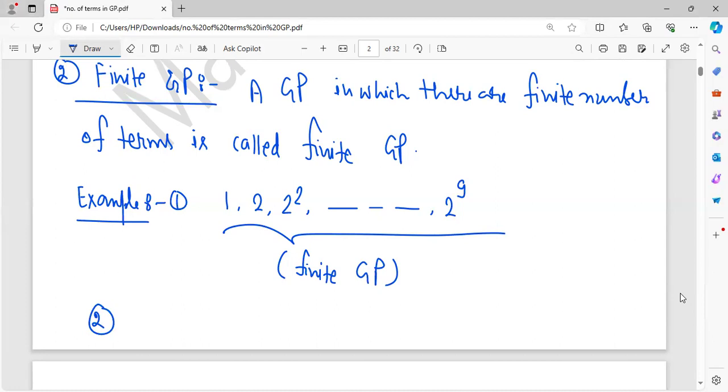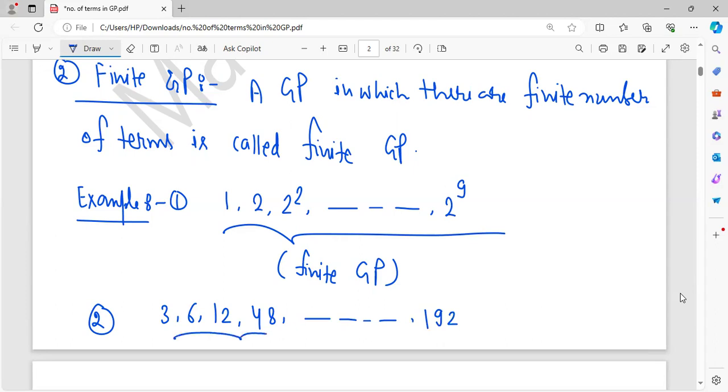You take this example: 3, 6, 12, 48, and so on, and the last term you take 192.